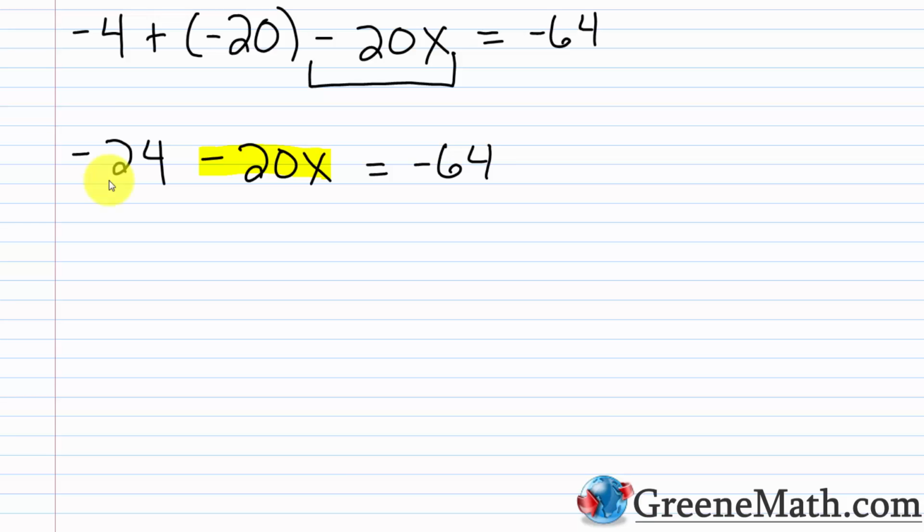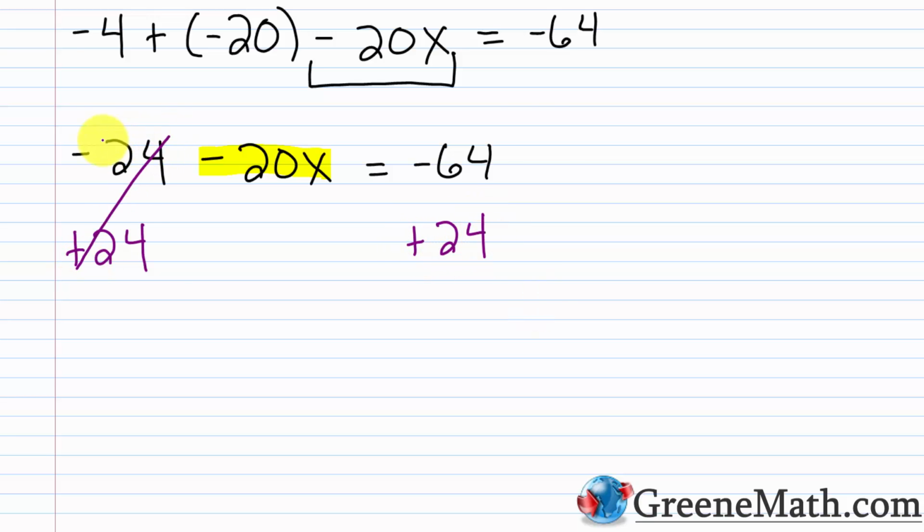And essentially, if I have this -24 over here, if I add 24 to both sides, I'm going to get rid of it, right? So if I have -24, I add 24. If I was to come across +24, I would subtract 24, right? You always want to do the opposite. So I'm just going to add 24 over here. And then to make that legal, I'm going to add 24 to this side of the equation.